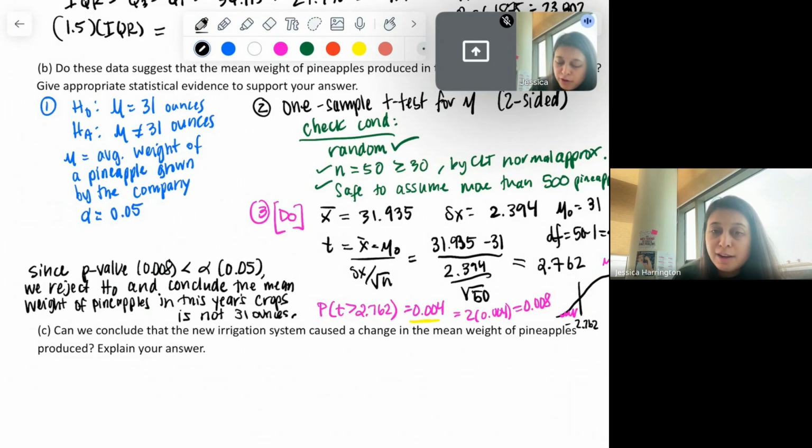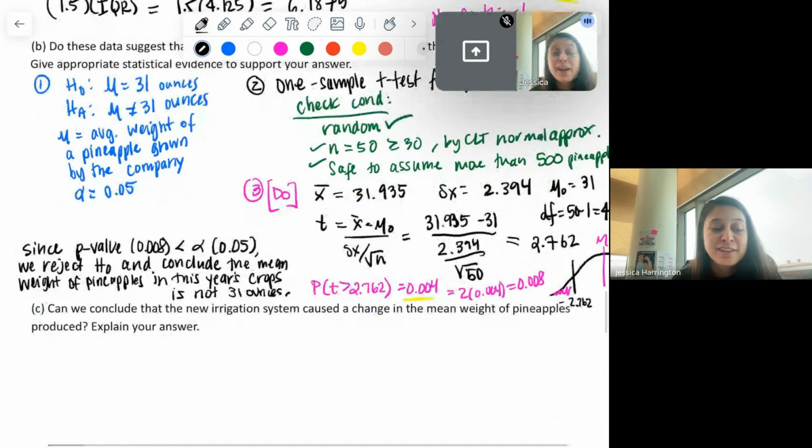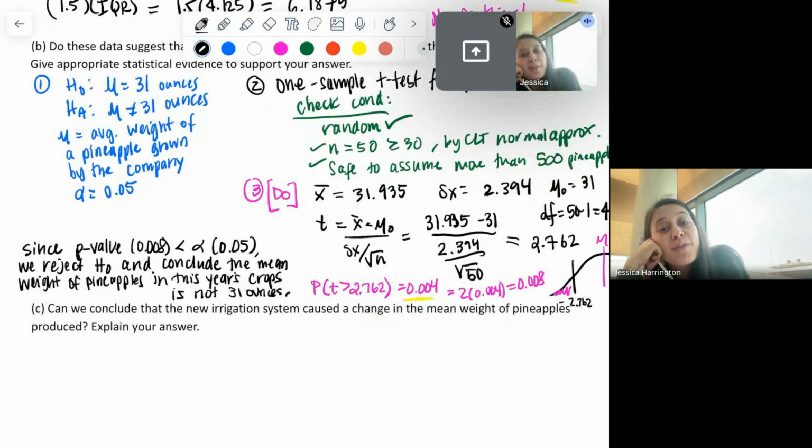We just were checking that it's not 31 ounces. So because our p-value was less than the threshold, we reject H naught and conclude that the mean weight of the pineapples in this year's crop is not 31 ounces, right?